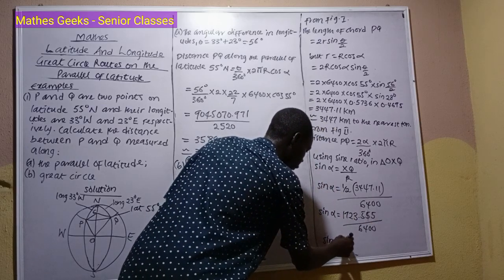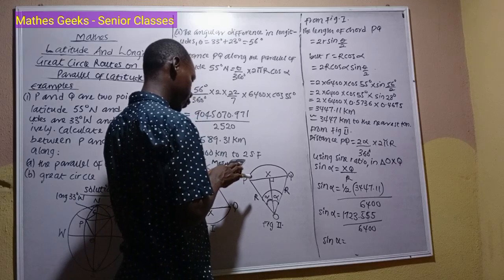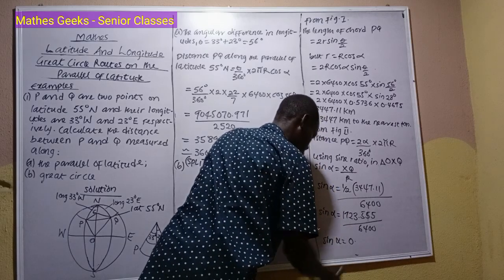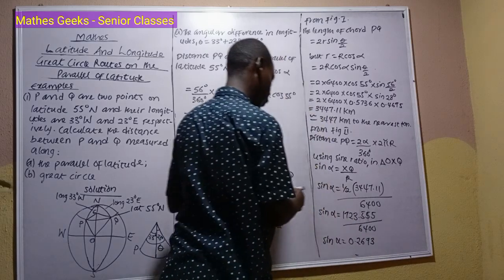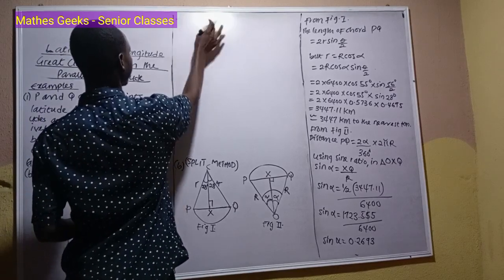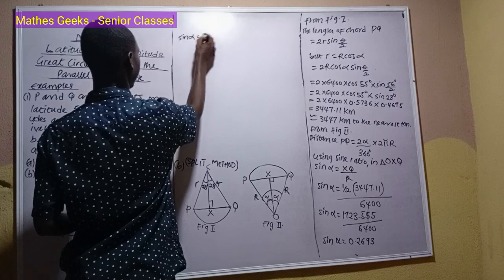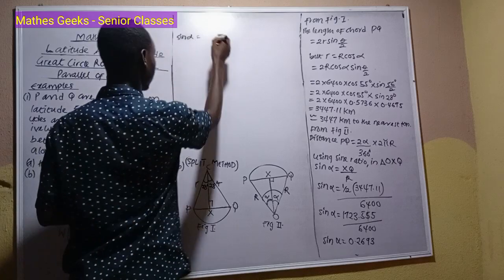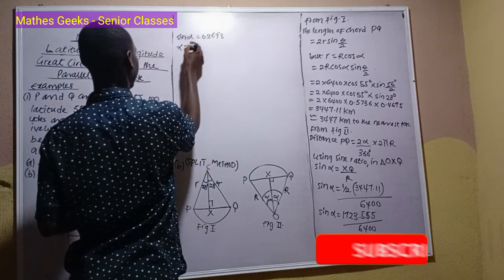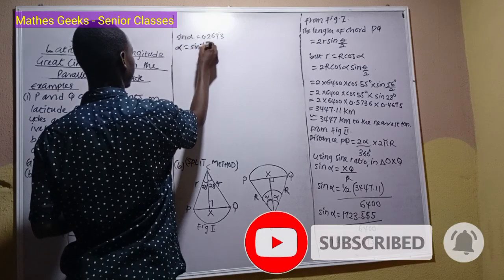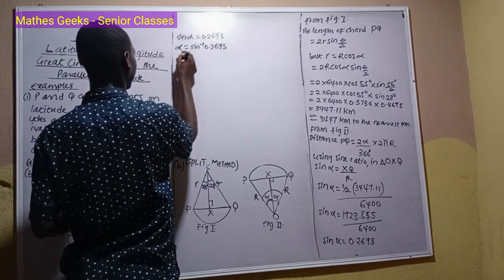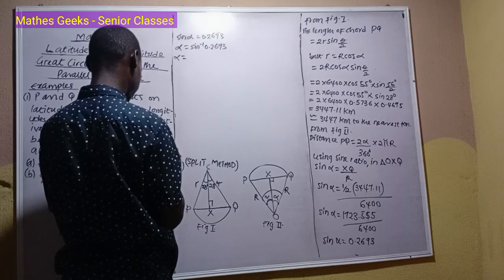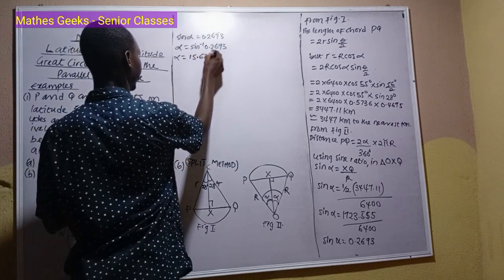So sine alpha is 0.2693. So alpha is equal to arc sine 0.2693, which is 15.62 degrees.